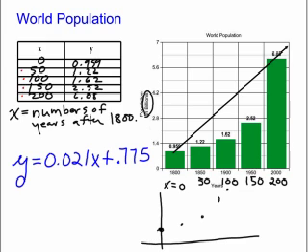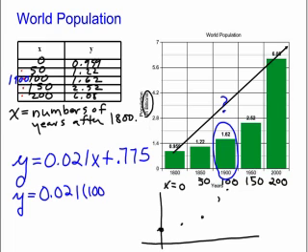And now we might look and see how well this model makes a prediction, let's say, for example, for the 1900s. So 1800 was the first one, 1850 was the second one, 1900 is our third data point here. Now I'm going to find out what the model predicts. And so I need to substitute x is 100 and then add the 0.775.